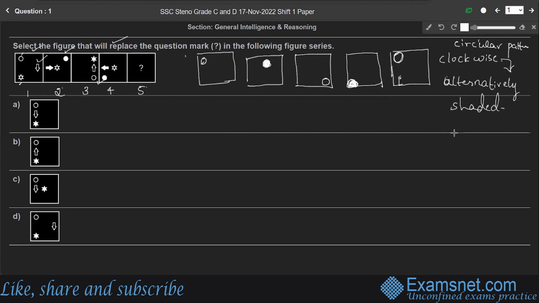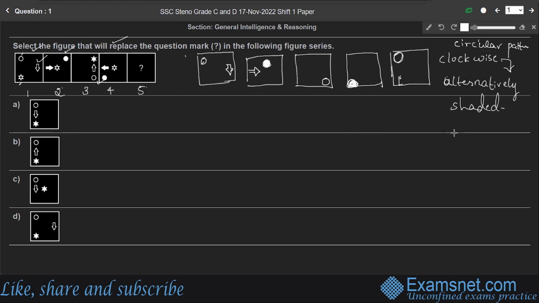So next, let us come to the arrow mark. In the first figure, we have the arrow mark in the middle part, which is facing downwards. Whereas in the second figure, the position of the arrow mark has changed.